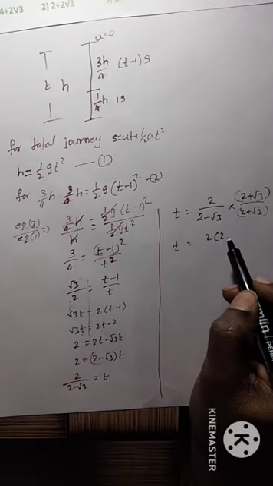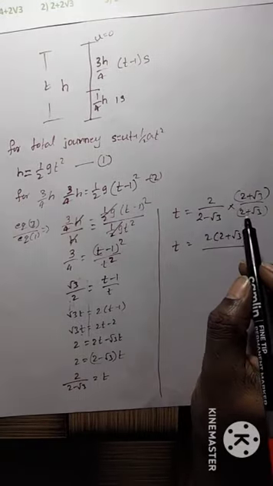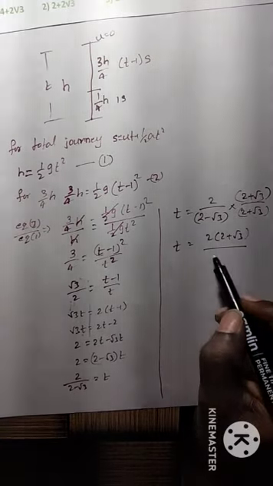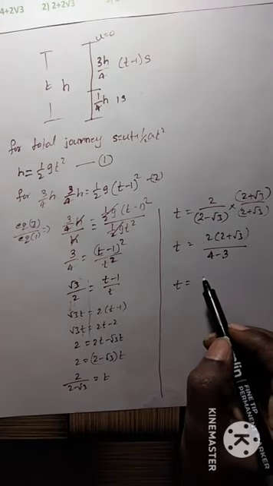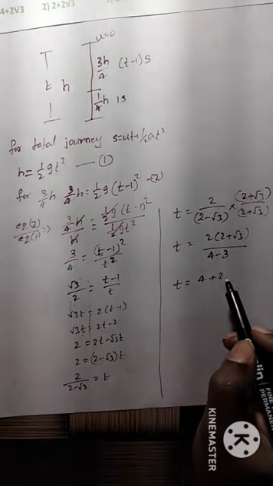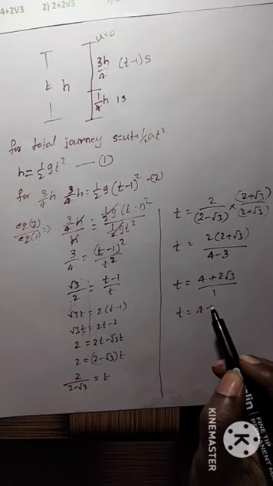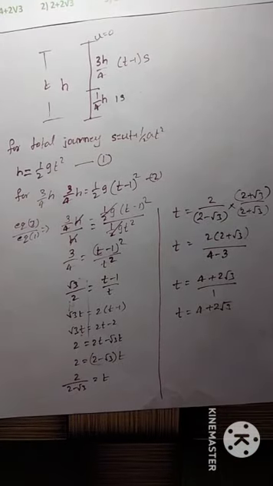Then 2 into 2 plus root 3 by 2 minus root 3 into 2 plus root 3. A minus b into a plus b is a square minus b square. That is nothing but 4 minus 3. And t is equal to 2 into 4 plus 2 into root 3, that is 2 root 3 by 4 minus 3, which is 1. Then t equal to 4 plus 2 root 3 is the answer. Okay.